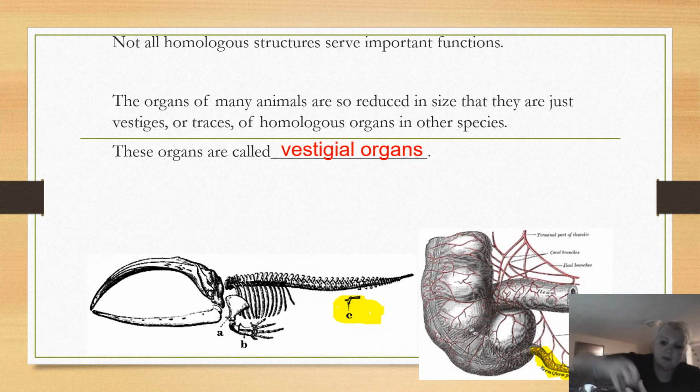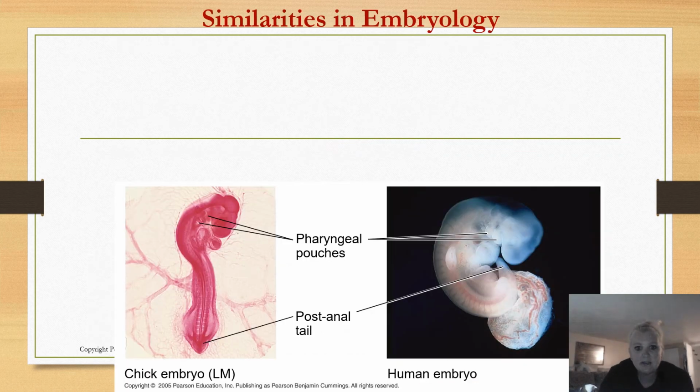Those vertebrae are pulled back into the trunk of the body rather than left outside. But if you've ever heard of a baby being born with a tail, it's just because that little piece of bone didn't get fully resorbed back in. This will make a little more sense when we look at the next slide.